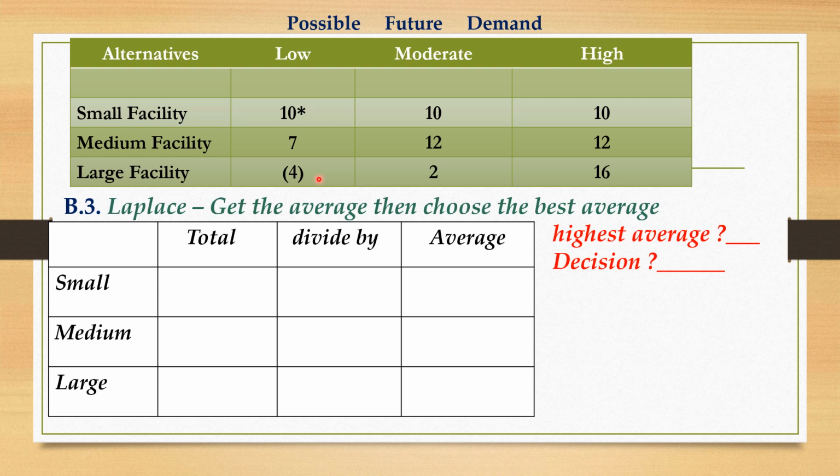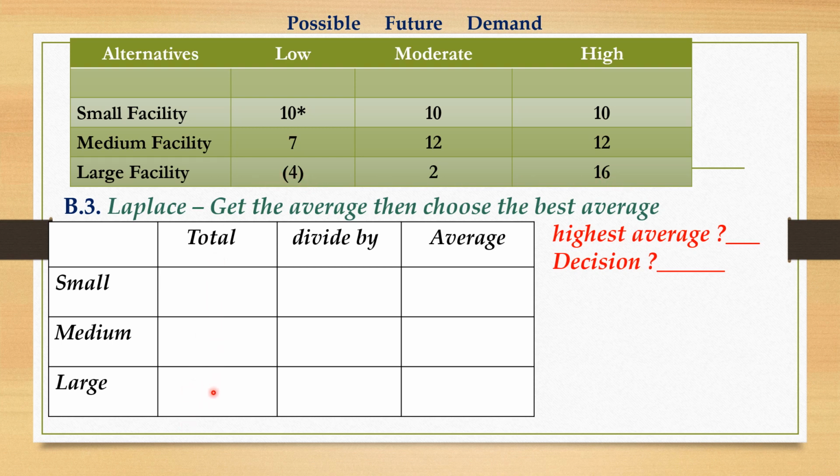To proceed, we have large size facility: -4, 2, and 16. Get the total of these three and write it down on the total column under large facility. Be careful in getting the total of -4, 2, and 16 because we have a negative figure, so you have to determine the net effect of that.